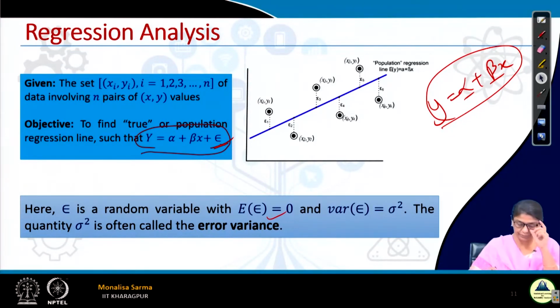So we have assumed that the expected value of epsilon is 0 and it has a constant, homogeneous variance, equal to sigma square, among all the errors. Error means the difference of the point from the line which you have got, the regression line. The quantity sigma square is often called the error variance.